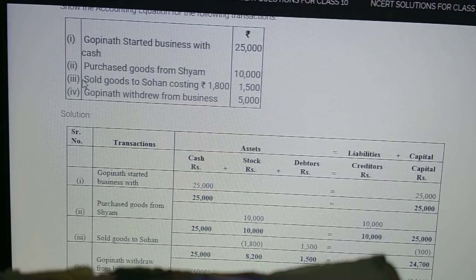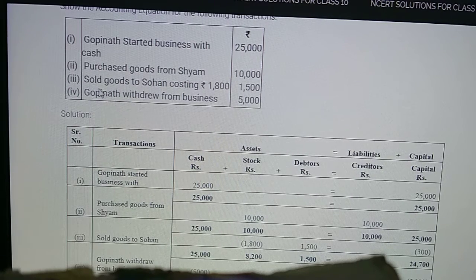So understand this statement very carefully. Sold goods to Sohan costing rupees 1,800. The cost price of this particular goods is 1,800, but we sold it for 1,500. So you are getting a 300 loss.